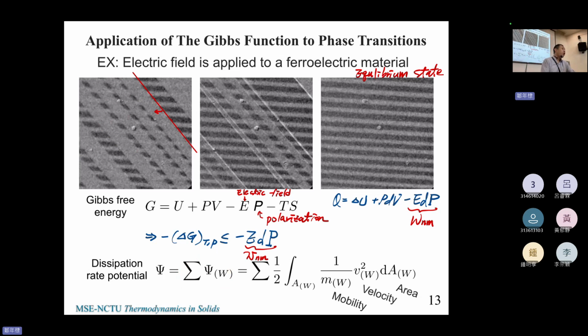And each domain wall can be written down as mobility times velocity squared, divided by half. What does that mean? Half m v squared. This is m, the mobility, v squared, the velocity of the domain wall movement, times the area.